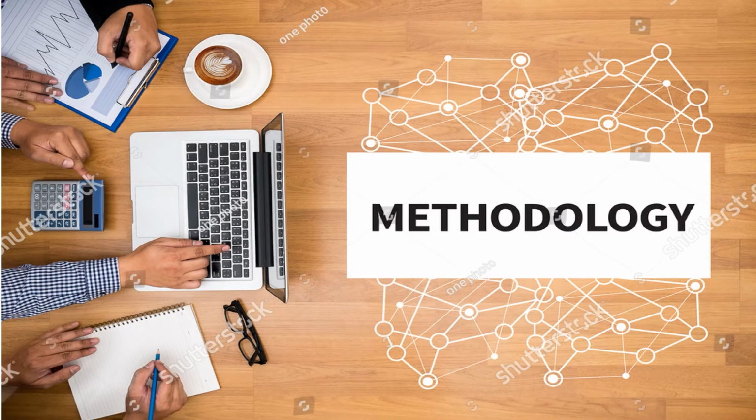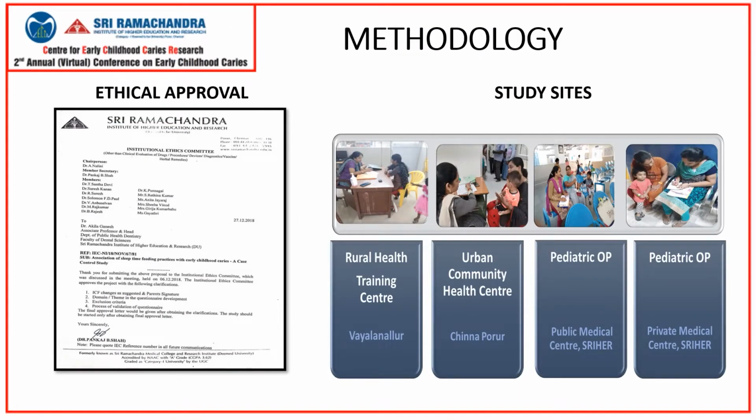So, methodology. Ethical approval was obtained from the Institutional Ethics Committee of the institution, and the study sites included 4 study sites, 2 of which were urban and rural health centers which were affiliated to the tertiary care center, and 2 were the private outpatient departments of the public and the private medical center within the tertiary care center.